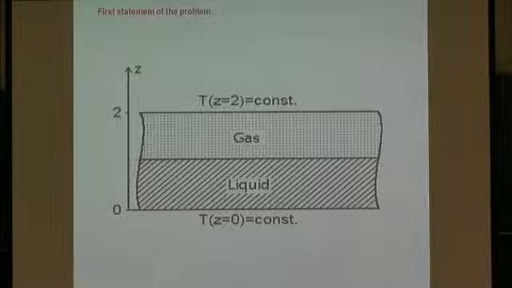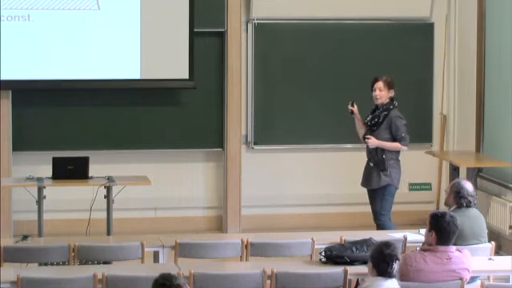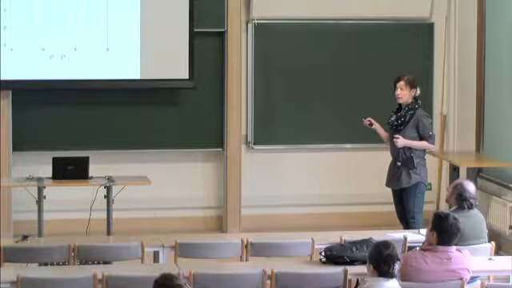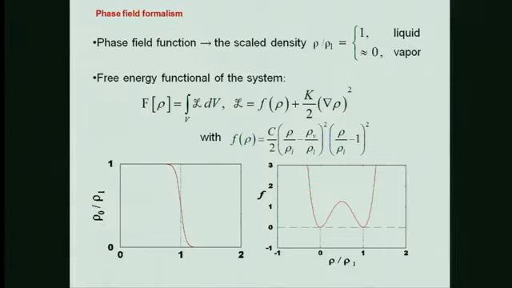So, in this phase field formalism, we have to introduce an order parameter. In our case, we used a number with physical meaning, the scaled density, assumed to be 1 for the liquid phase and 0 for the vapor phase.